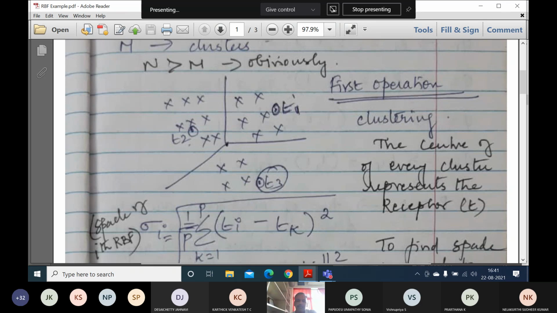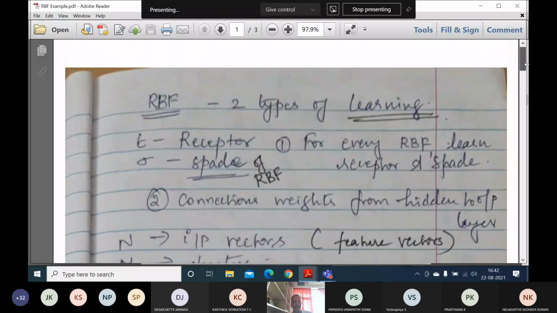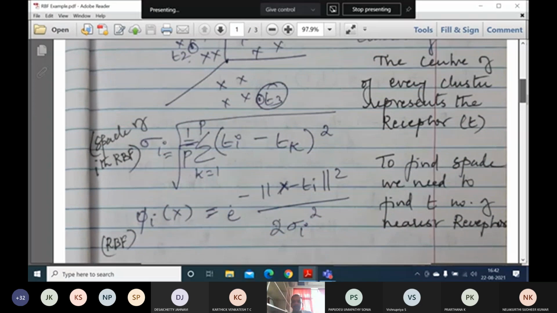For this cluster, I assume T1 is the center point, for this cluster T2 is the center point, and for this cluster T3 is the center point. So T1, T2, and T3 are considered as receptors. The center point of the cluster is considered as the receptor.